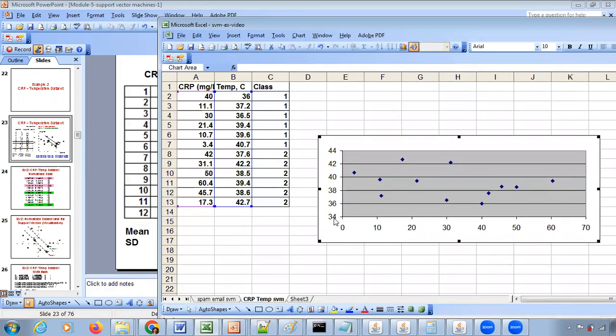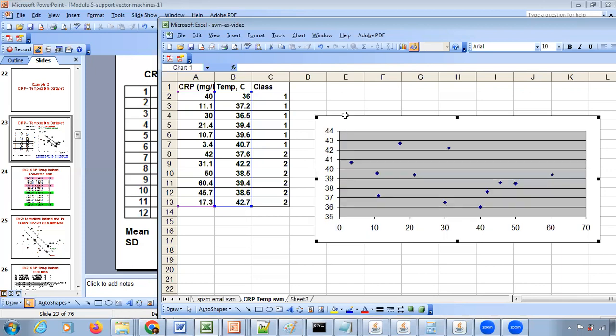And the temperature ranges only from say 36 to some 43 or something. So not of the same magnitude and not of the same scale, standard deviation. But still, Excel can show you with just that scale that is needed, so that you can still be able to visualize the data the way we want to visualize.